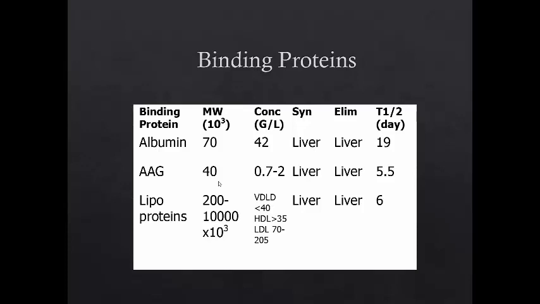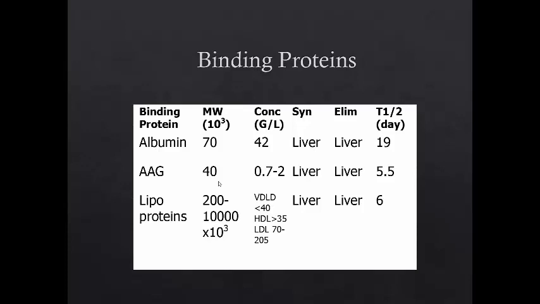So if a drug gets attached to an AAG protein, you're going to have a very large molecule complex, right? What's interesting about AAG is you can see very wide changes. It's an acute phase reactant, so it can increase quickly. You can see a large increase in AAG.